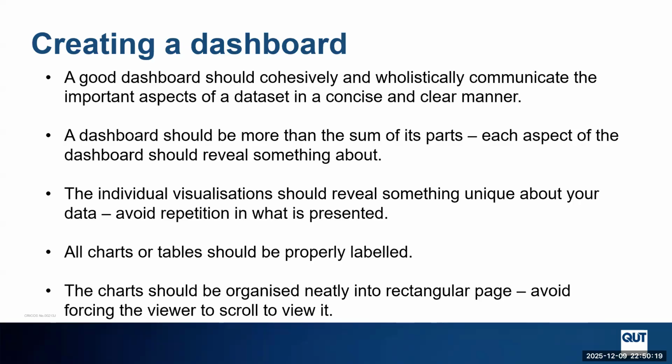Making it very clear and easy for the person looking at it to quickly identify what we're trying to communicate to them. Okay. So being clear and concise and valuable is what we're going for with our dashboard.